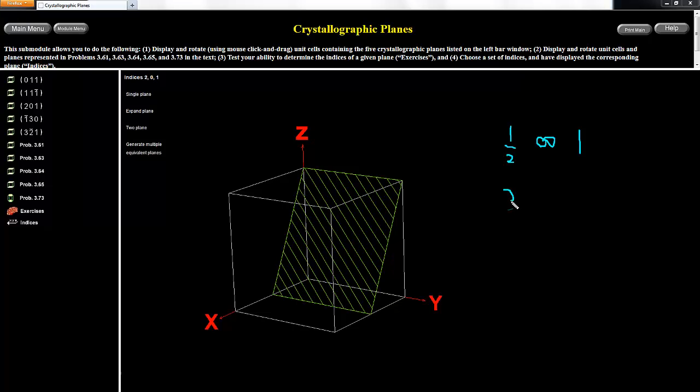So now I take the inverse of these, 2, 0, 1, and then I find how I can make this into the smallest integers, and they're already there. And I put them in parentheses, 2, 0, 1. And that matches up with what we've got there.